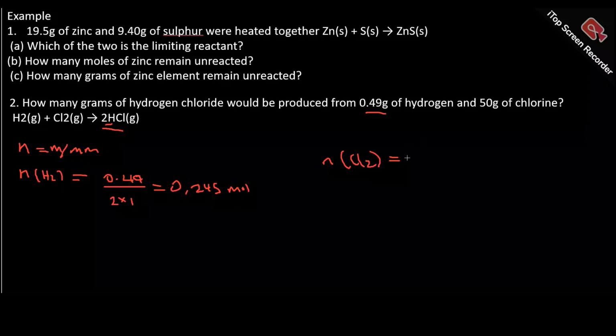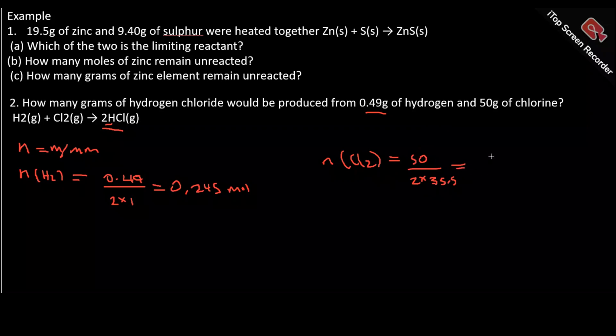Okay, so what are we going to do here? 50 divided by 2 times the atomic mass of chlorine. So if you have forgotten how to find the molar mass, we're just counting how many atoms we have, times the atomic mass, bam.